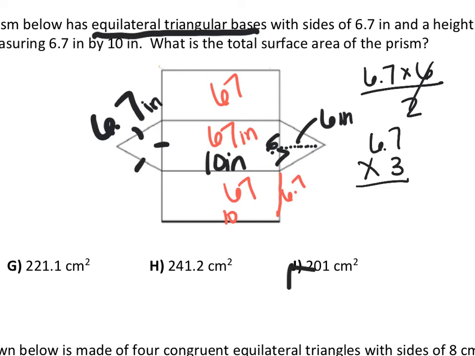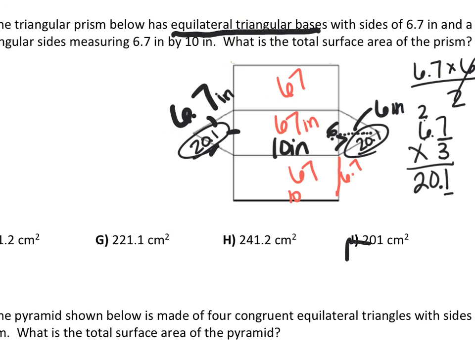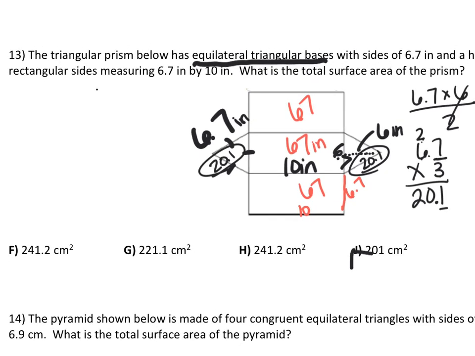Okay, 7 times 3 is 21. 3 times 6 is 18 plus 2 is 20. We have a decimal spot right there and right there. So 20.1 for this triangle. And you're going to have that on the same over here. So 20.1 and 20.1. Okay, so if I add those together, I would say 67 times 3, which is going to be 201.